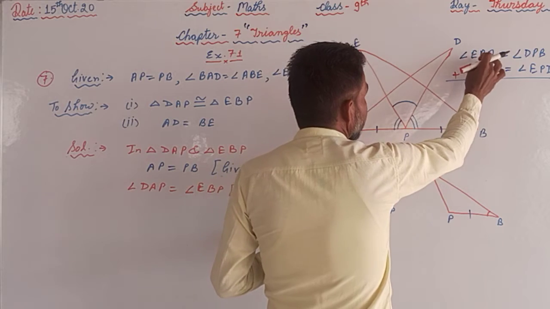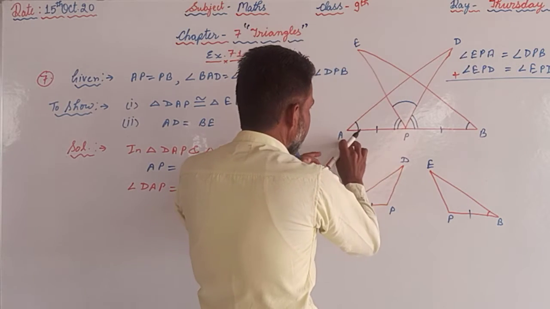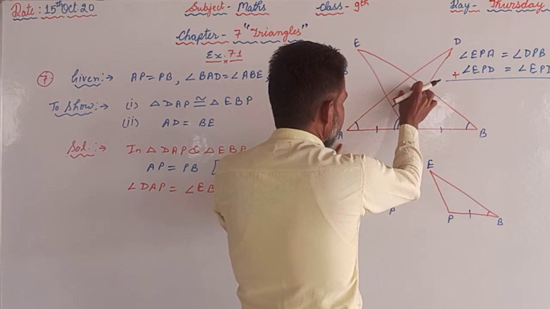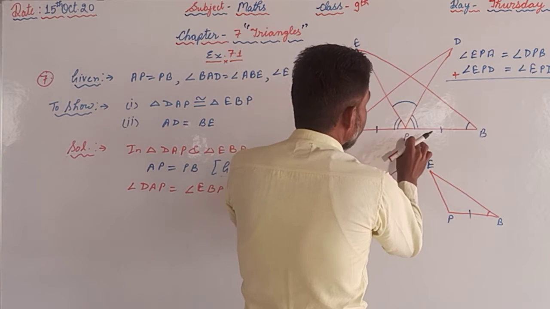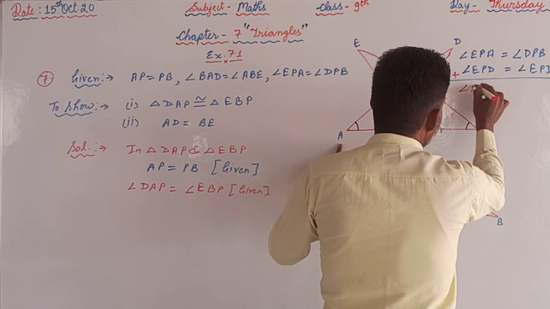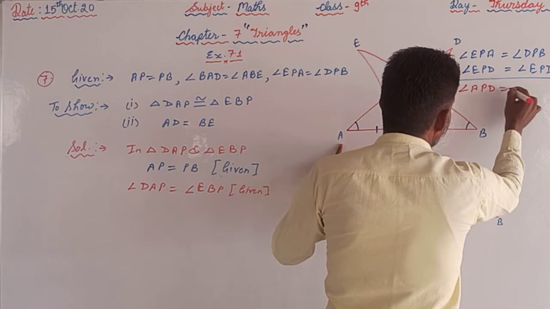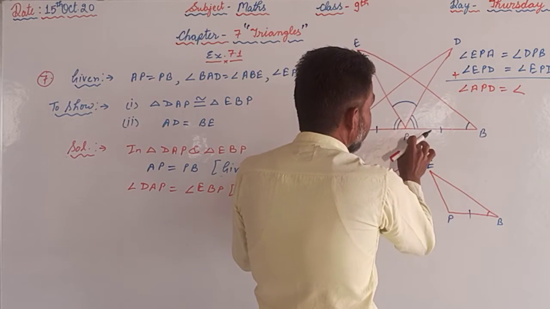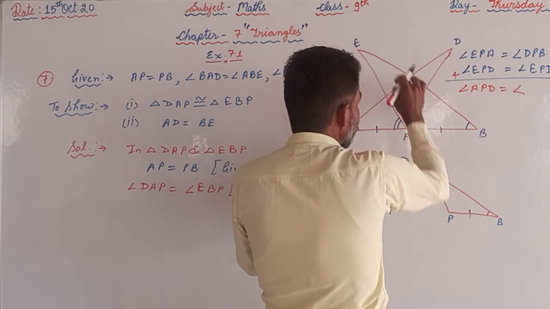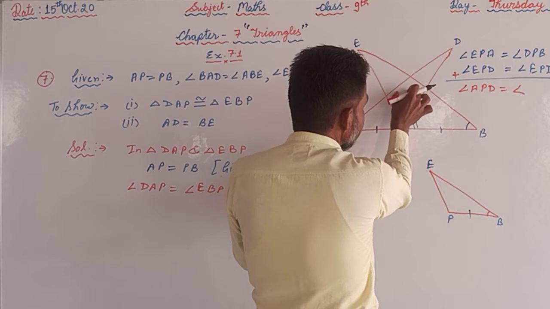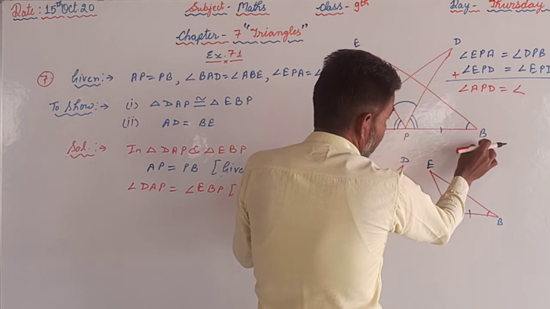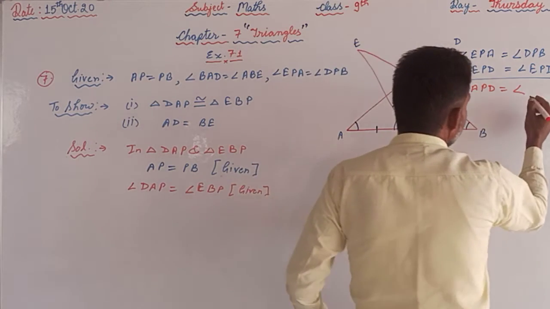So angle EPA, this angle plus this angle will become angle APD. Angle APD is equals to angle DPB plus EPD, means this angle plus this angle will become angle BPE.